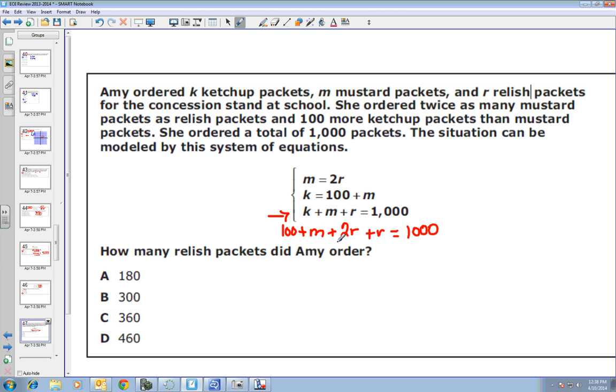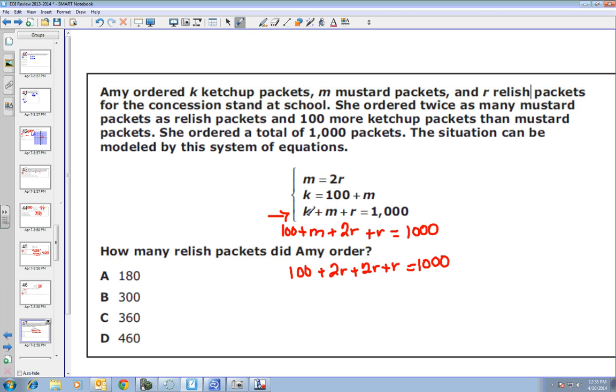Okay, so now I need to get rid of this M. I'm going to put M is 2R, right? And you could do that in the first step if you wanted. So 100 plus 2R plus 2R plus R equals 1,000. All right, so here's my equation, right?